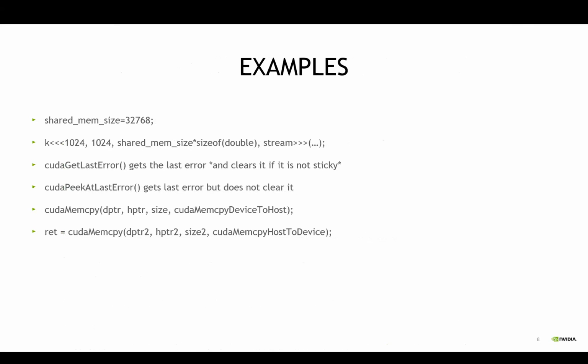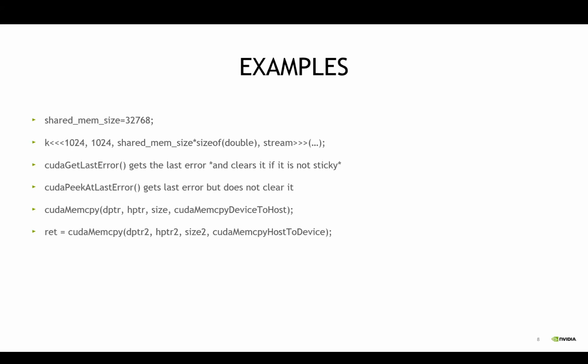We're going to use this as a variable to specify the amount of dynamically allocated shared memory, which is one of our parameters for a kernel launch, one of those parameters inside the triple chevron syntax. And when I was writing this code, I said, oh, I need 32,768 bytes. And that's okay, because we know from our knowledge of shared memory that I can actually allocate up to 48 bytes for a single thread block, and that will work on any GPU without any special handling.